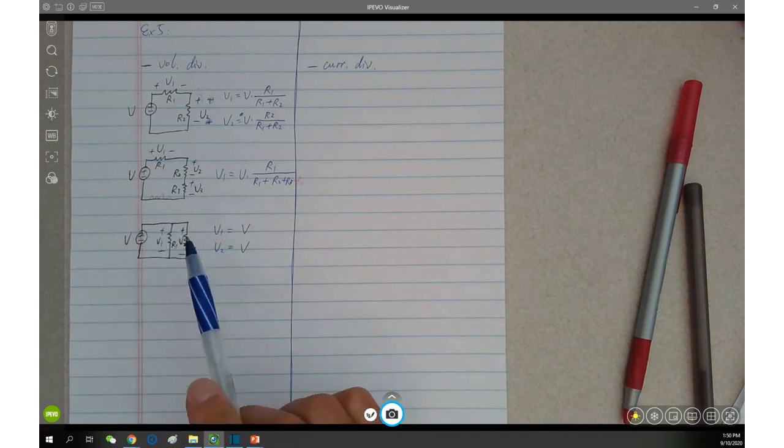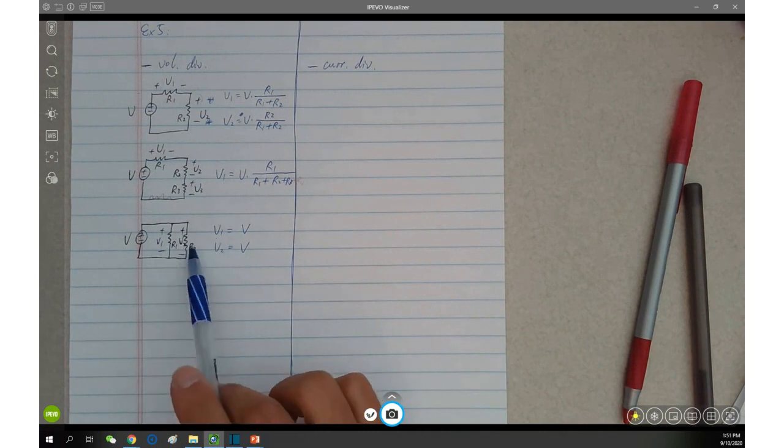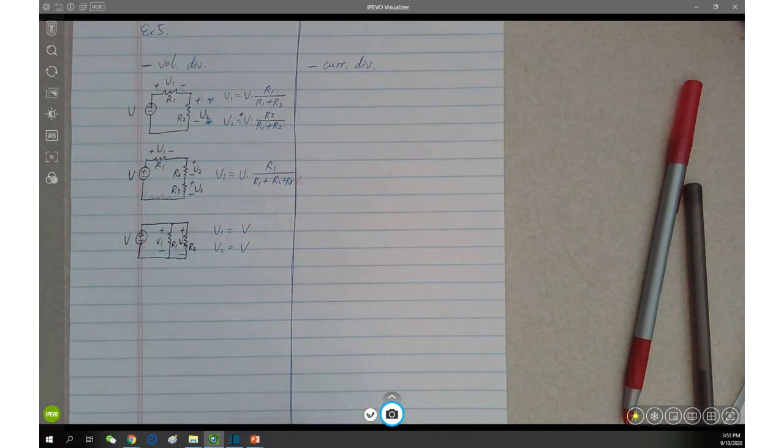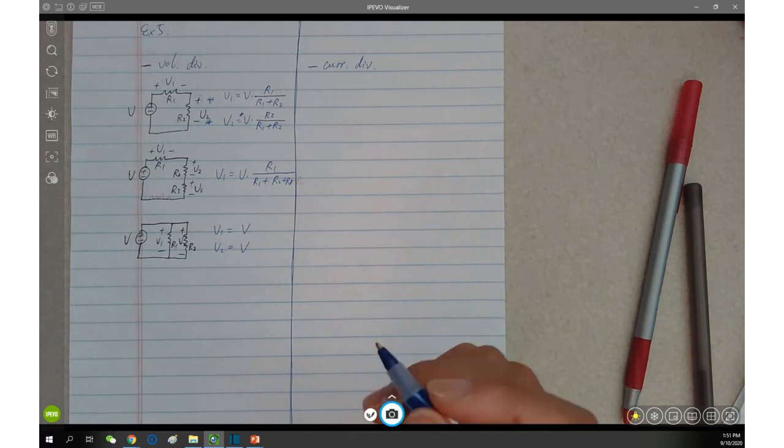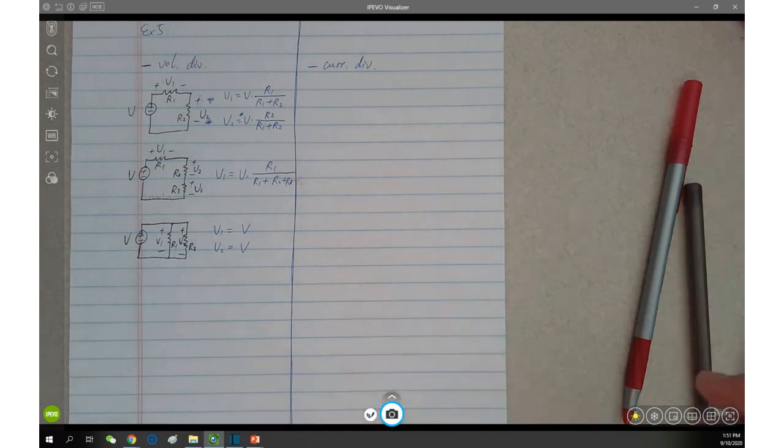No, it's not shared. They both have V because, again, they're parallel. They're parallel together and then parallel with the source. Yeah, good. Yeah, so Shane got the right answer too. All right, next one.